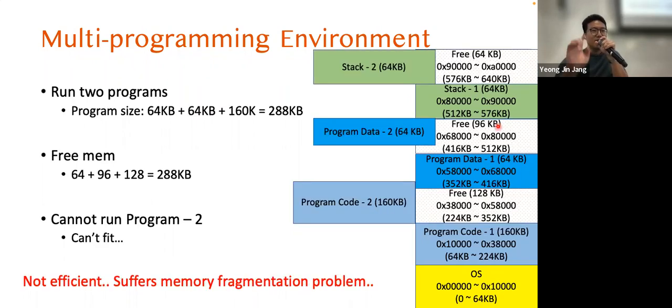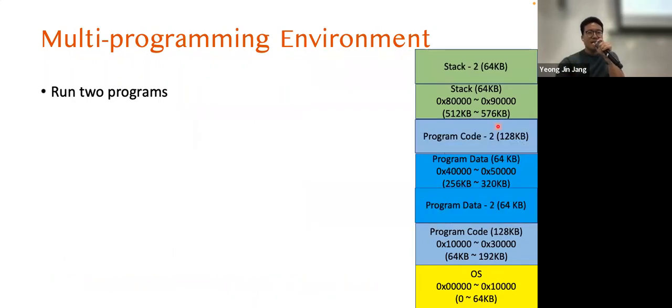So there's an efficiency problem, and then another problem. Suppose we get two programs running like this. Program one runs with this code and data, and then this stack, and program two runs with its own code, data, and stack.